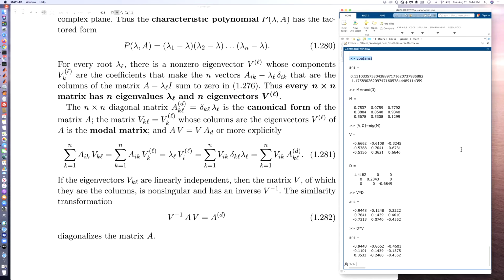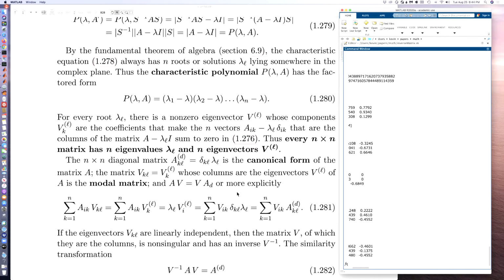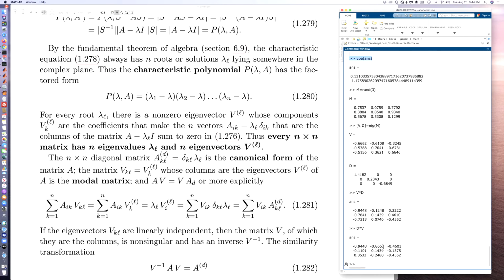Here we had M is the matrix, so A is M. We have the equation M times V, and we get that. And now we do V times D. I hope I've done that right.